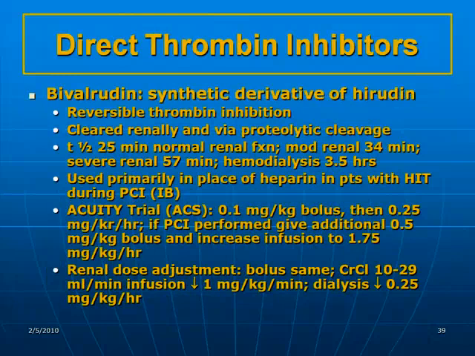There's also a dose recommendation for patients who don't have kidney function at all that are on dialysis. So bivalirudin, I think, is a reasonable alternative to heparin and glycoprotein 2B3 receptor antagonist in patients, particularly those at higher risk for bleeding or with a history of HIT.